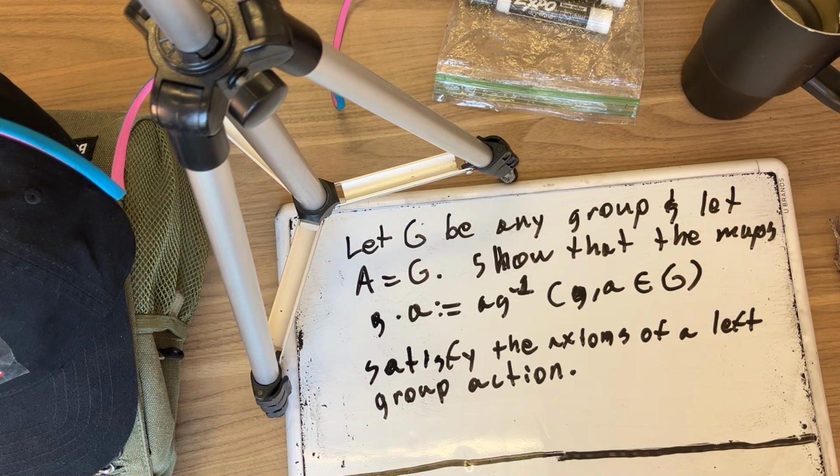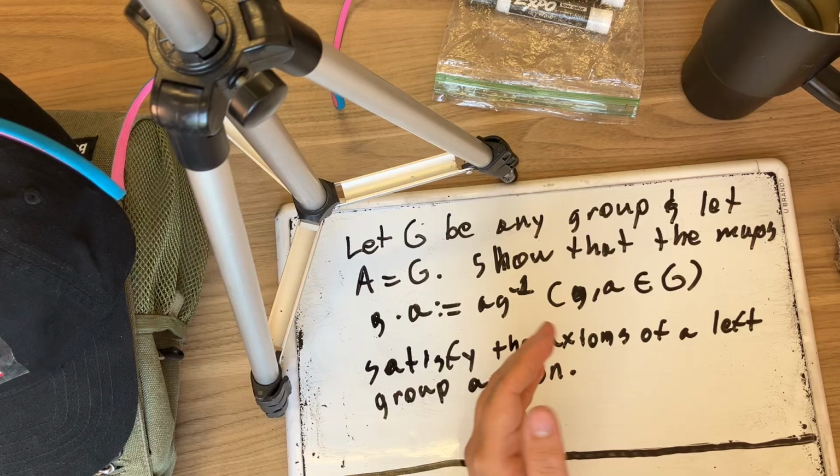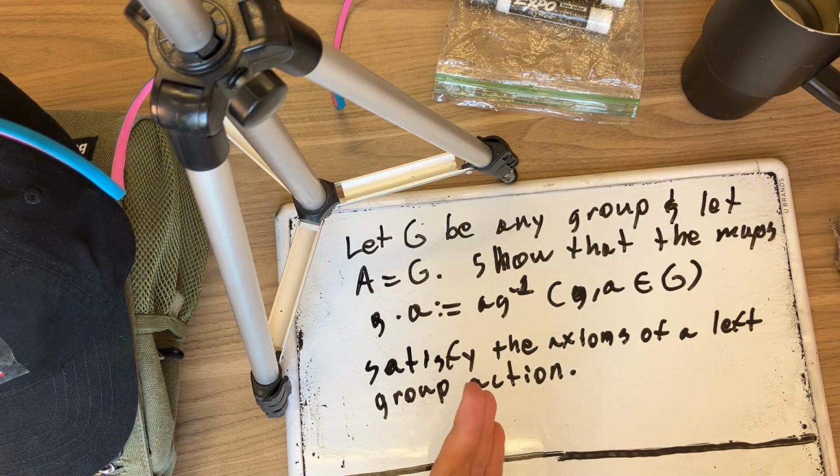Okay, so intuitively, a left action needs G sub 1 dot (G sub 2 dot A) equal to (G sub 1 G sub 2) dot A, with the rule that G dot A is equal to A G inverse.